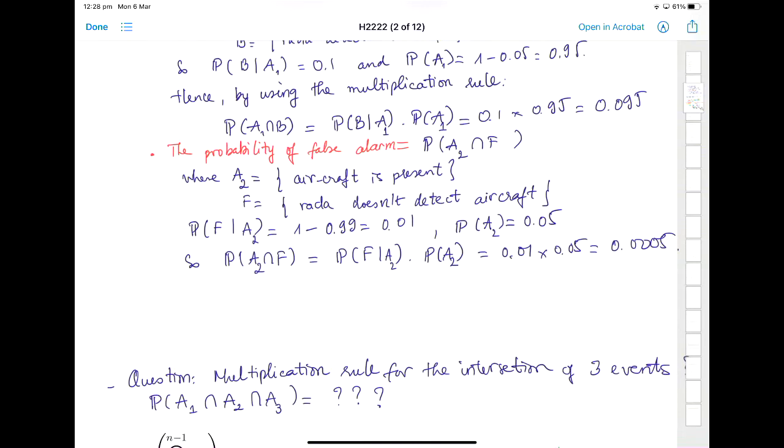Okay, so we have a way to compute the probability of the intersection of two sets by using the information of conditional probability. So the question is, can we compute the probability of the intersection of three sets from the information of conditional probability?